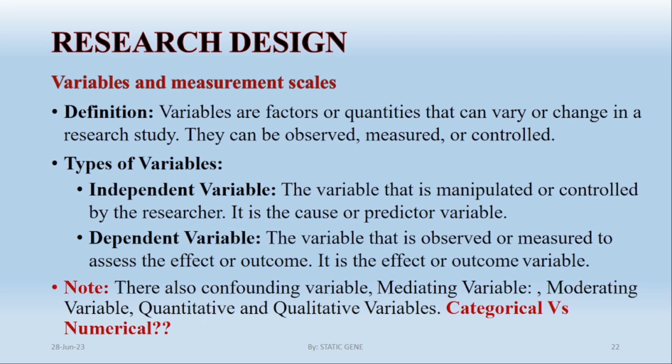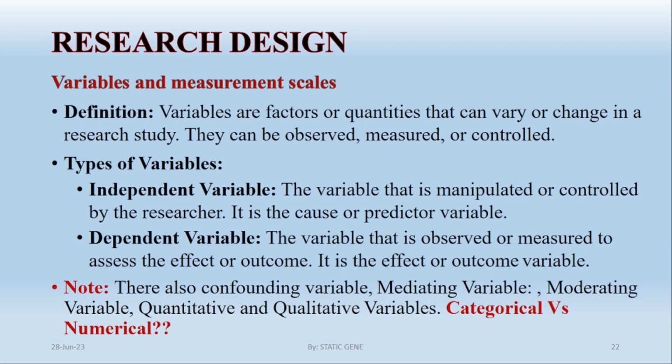Higher education qualification, more experience, good performance. Those would become independent variables. Then you getting promoted would become the dependent variable. Dependent variables are those that are observed or measured to assess the effect or the outcome.